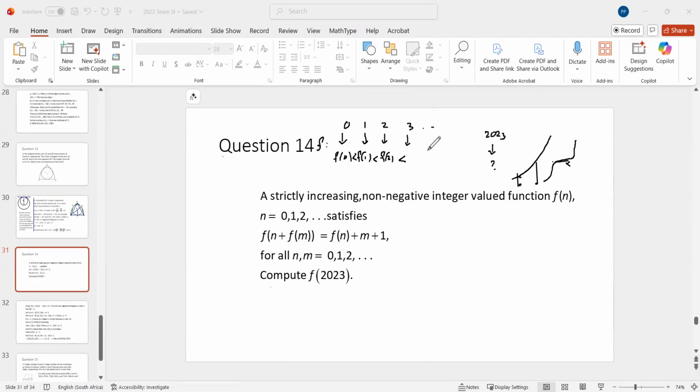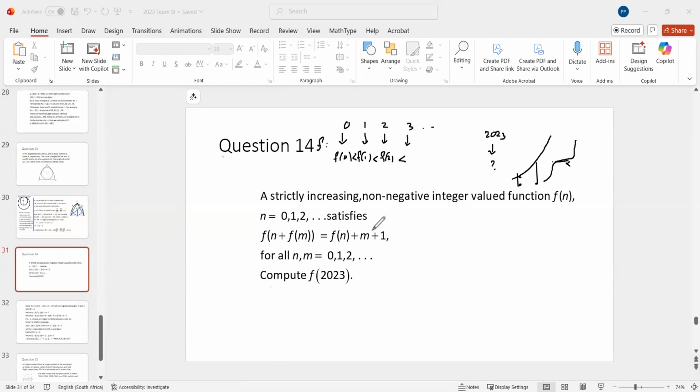So you're asked to calculate f(2023). Now, as a starting point, you've got this funny looking equation here. Let's put both n and m to be zero. It's your starting point.